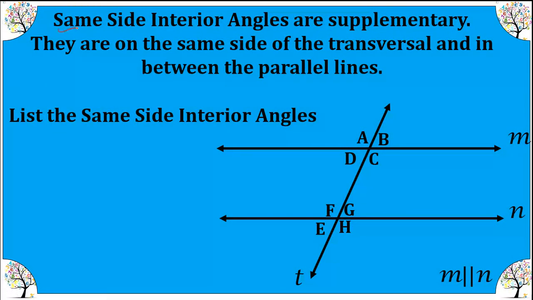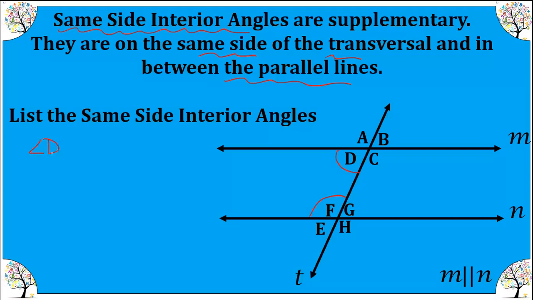Now, our last name, same side interior angles. So it pretty much tells you where these are located. They are on the same side of the transversal, and they are between the parallel lines. They are on the inside. So you can see angle D and angle F. If you were to add their measurements, they would add up to 180.